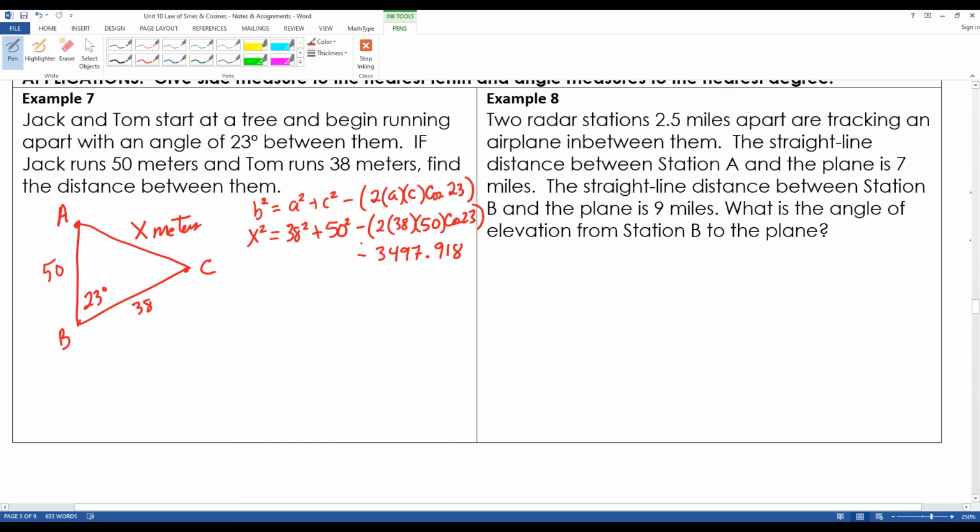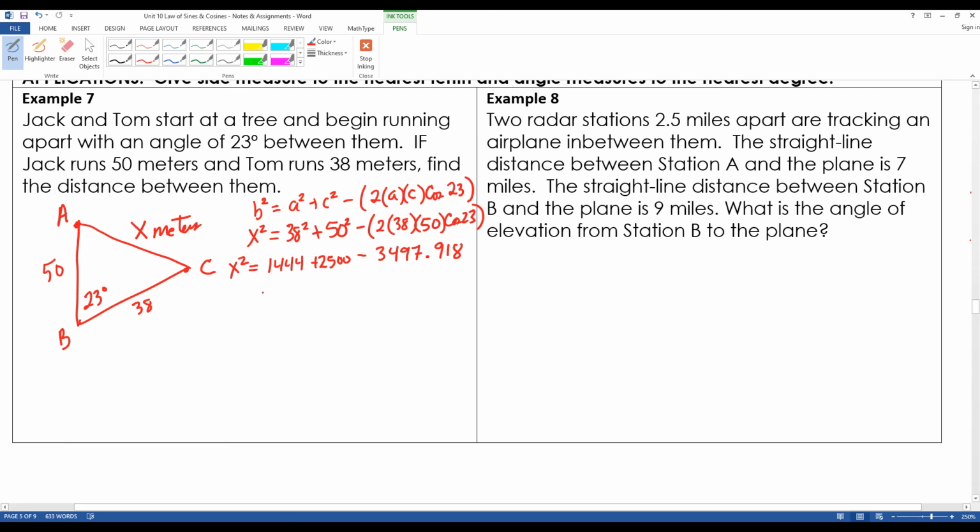38 squared is 1444, and 50 squared is 2500. That's going to equal x squared. All right, add up the numbers. So 1444 plus 2500 minus the 3497.918.